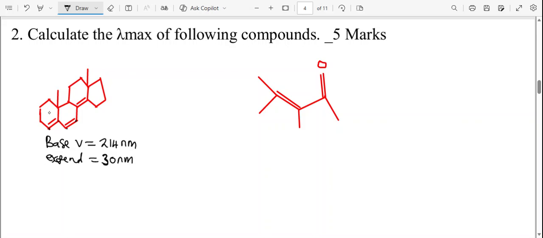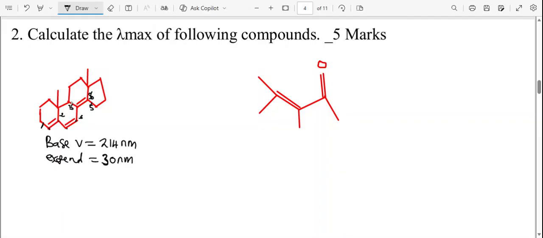Then the other thing we'll talk about is that here we don't consider alpha positions, but we consider the alkyl groups on each double bond. You can see at this point we have a methyl, 1, and here 2, and here there's nothing, then here we have 3, 4, 5. Then counting again: 1, 2, 3, 4, 5, 6.